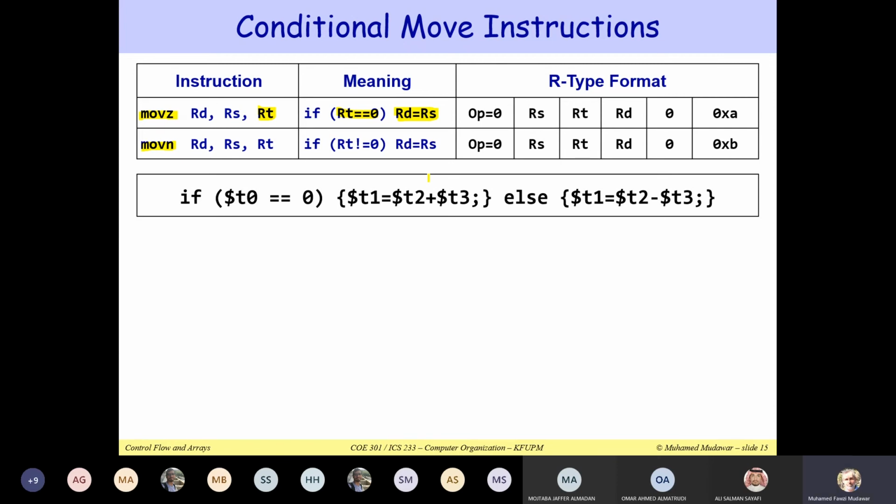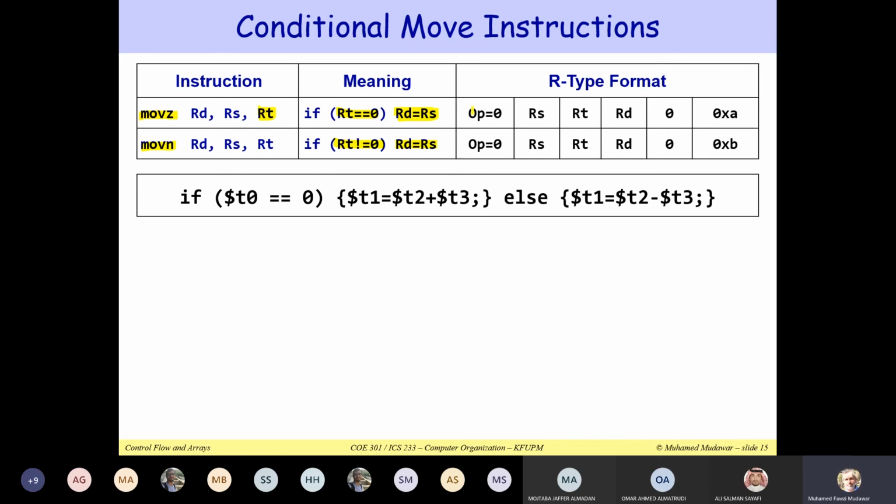In the case of the second instruction, move if not 0, it will move if the value of RT is different from 0. So the first instruction is going to move if the value of RT is 0, and the second one is going to move if the value of RT is different from 0. It simply copies the value of RS into RD.